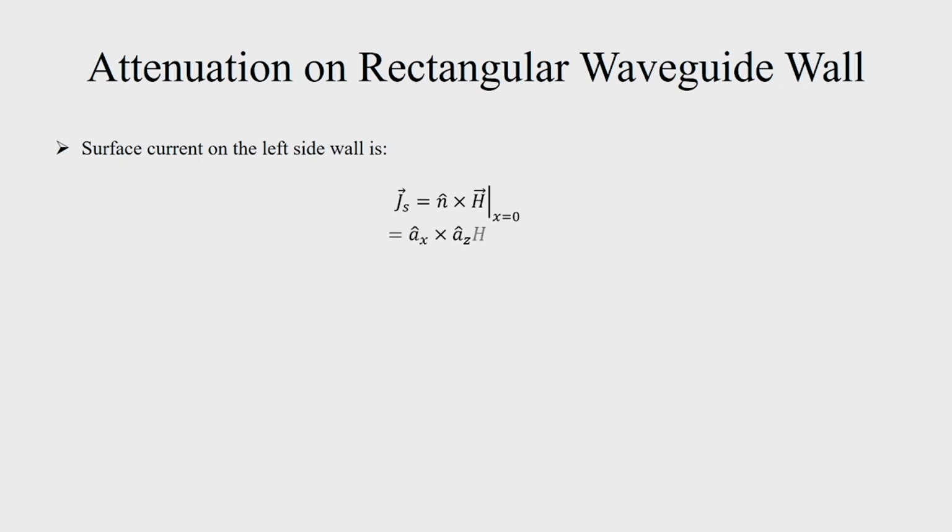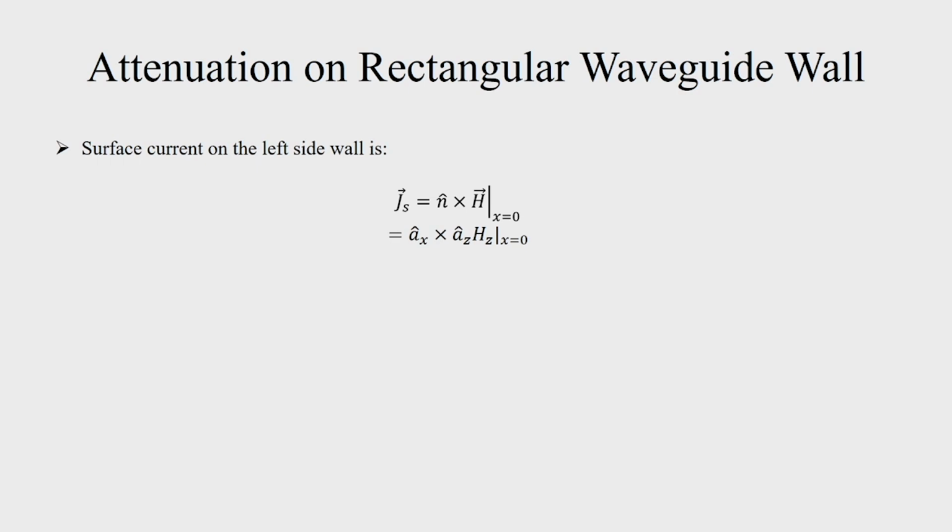Now, if we look at the expression of the field components, then Hx becomes 0 at x equal to 0, since the x dependence is given by sin pi x by a, and therefore at x equal to 0 it becomes 0.